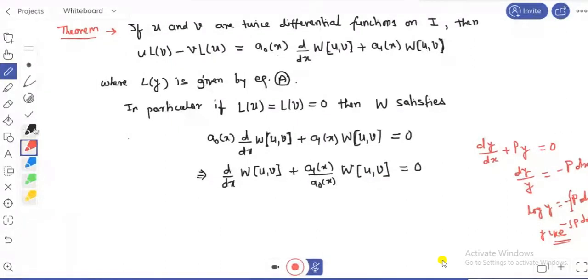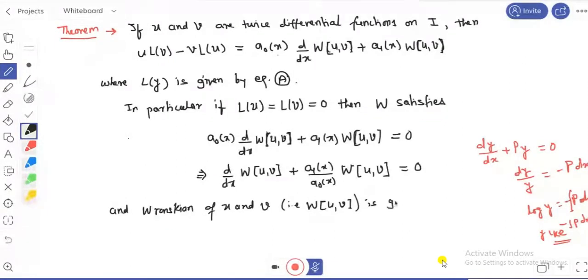So if we try to find the value of this function y, that is the Wronskian of uv, it is given by this formula: by this similar result you can write k, a constant, times exponential of minus integral of p.